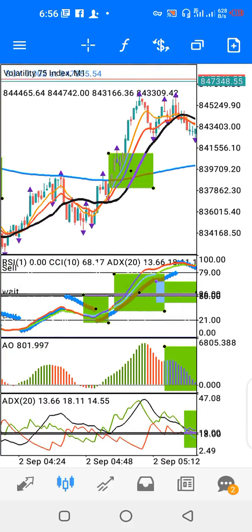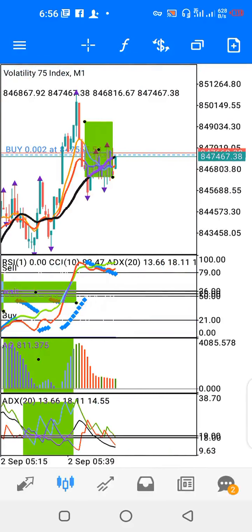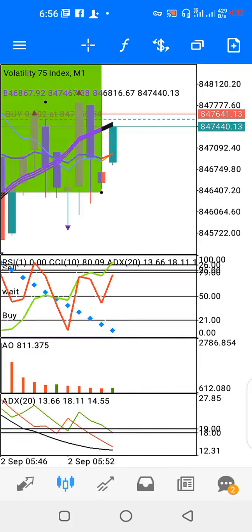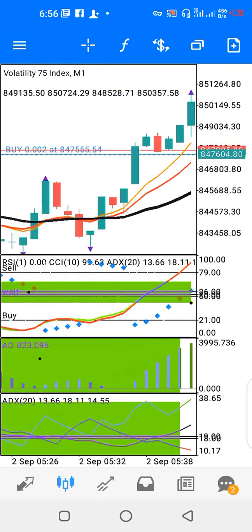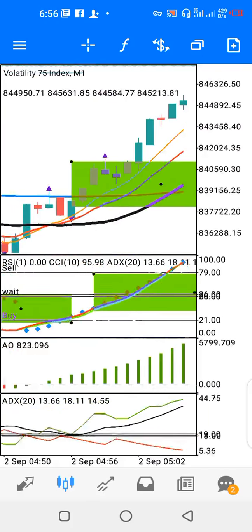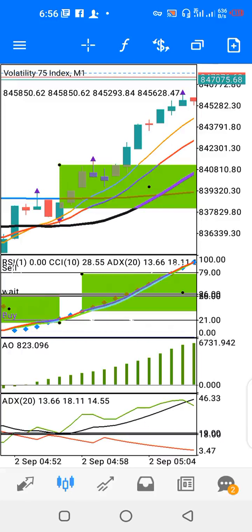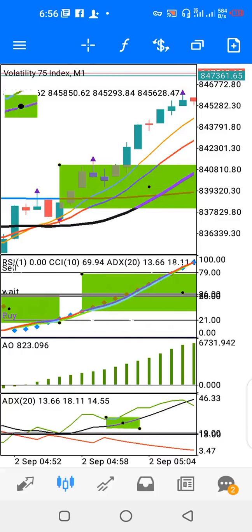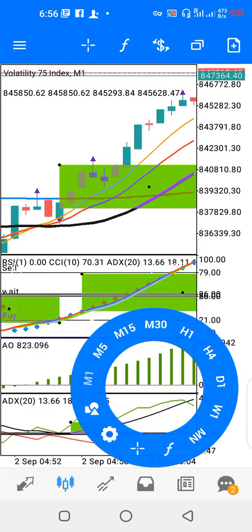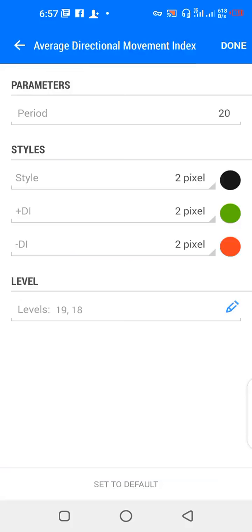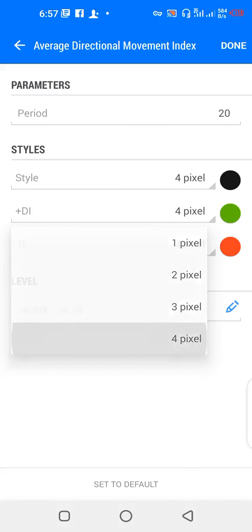Now let's look at how this works for the ADX. I'm going to zoom out. What happens is, when the black ADX line, I'm talking about this black line, crosses up, let me increase the width to 4 pixels so that we can understand what I'm talking about.